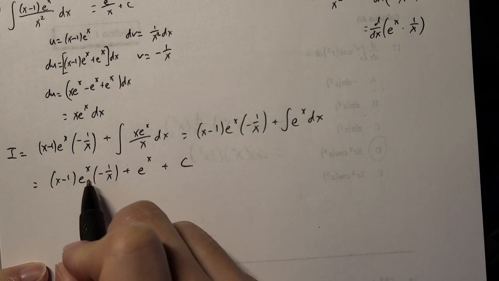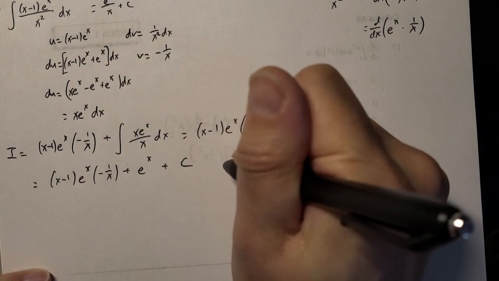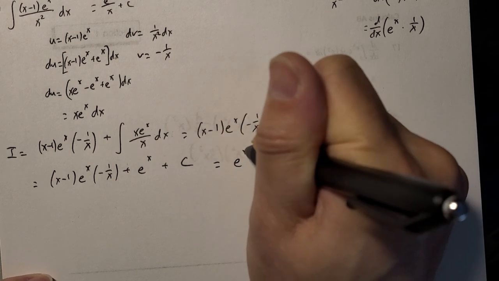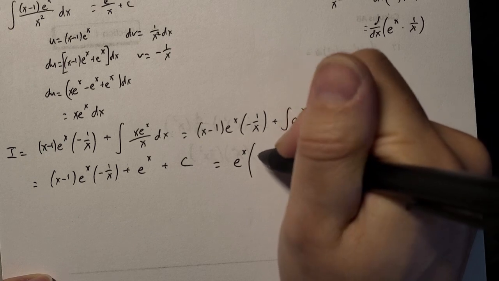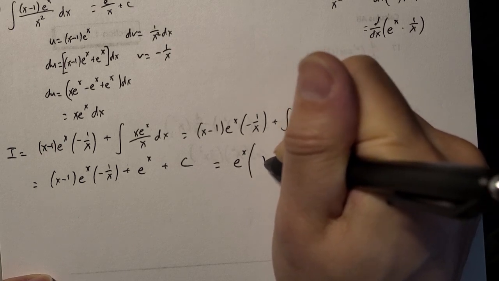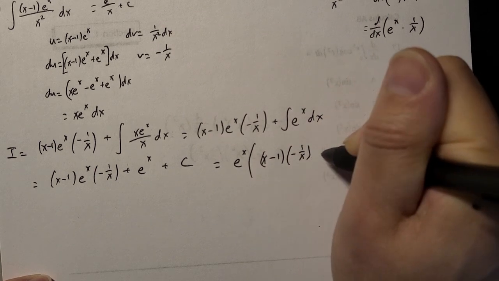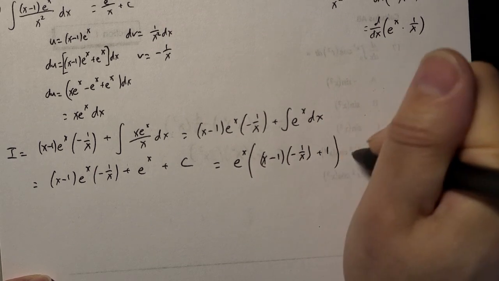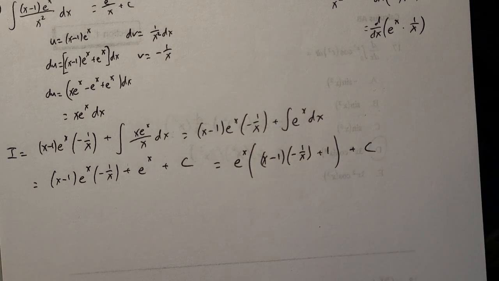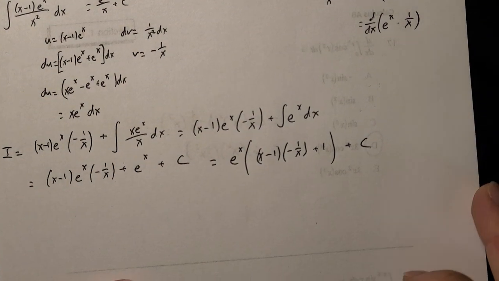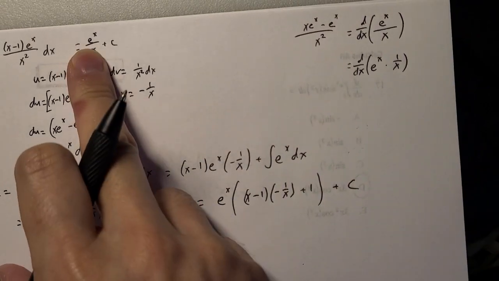Okay, let's factor out e to the x from both these terms. So what do we get? e to the x times x minus 1 times minus 1 over x plus 1 plus c. Okay, we continue to simplify because I wanted to make sure that I got this exactly.